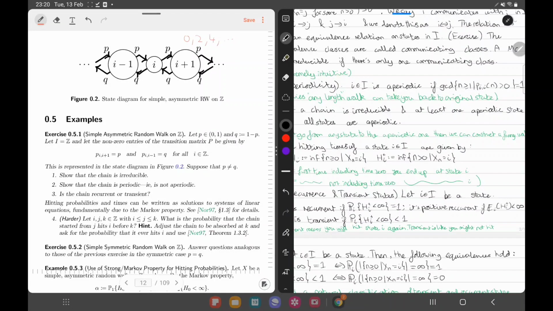So what we say is there's periodicity here because it takes some fixed amount of time. I can predict that it will take you only some multiple of steps. There's some structure to how you're supposed to return to your original state, as opposed to aperiodic states.